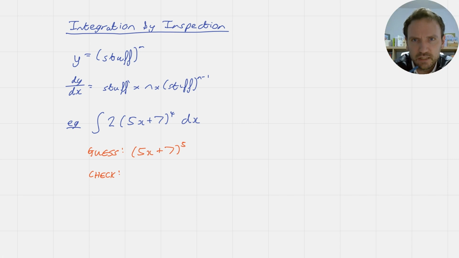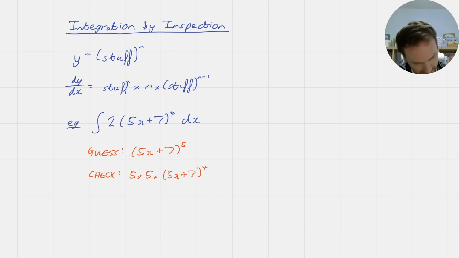So when we differentiate this, well, we're going to get stuff differentiated. Well, 5x plus 7 differentiated is just 5. Multiplied by your n, which again is just 5 in this case, multiplied by your stuff to the n minus 1. So here is going to be 5x plus 7 to the 4.